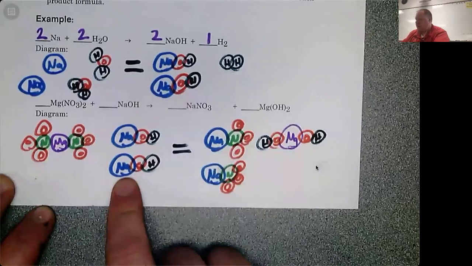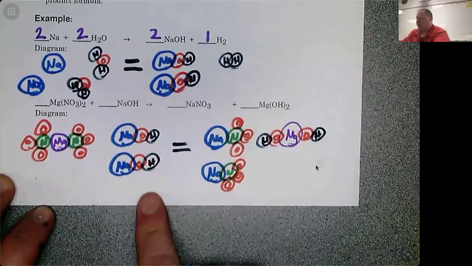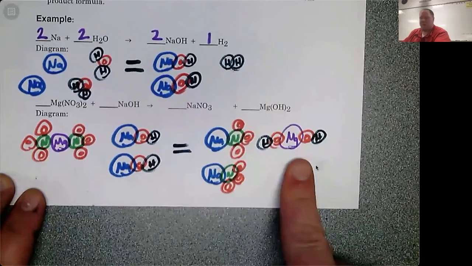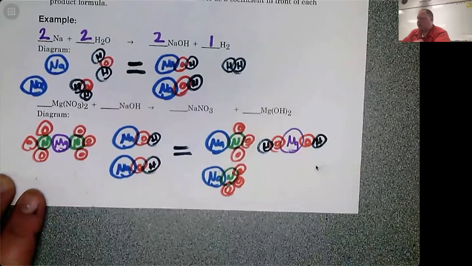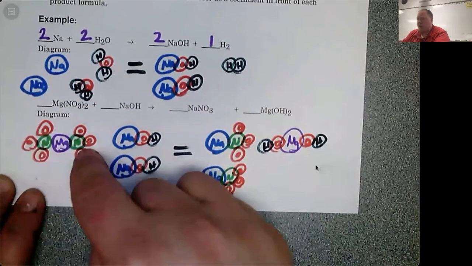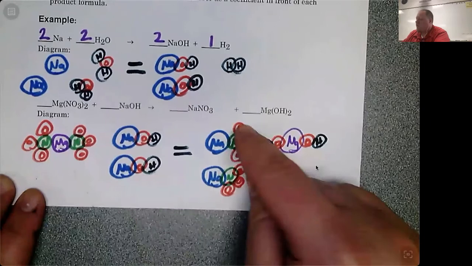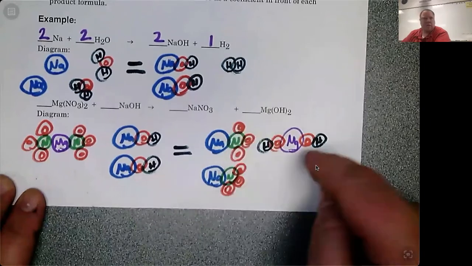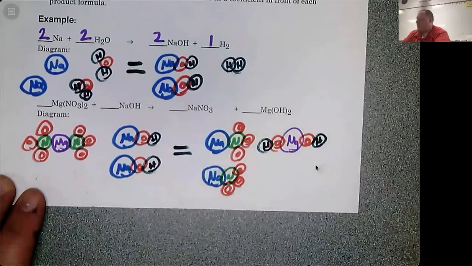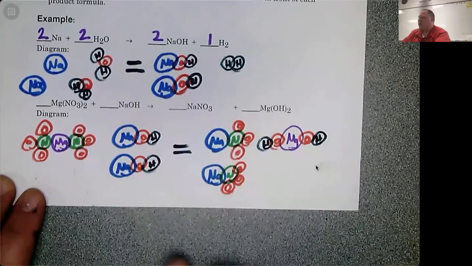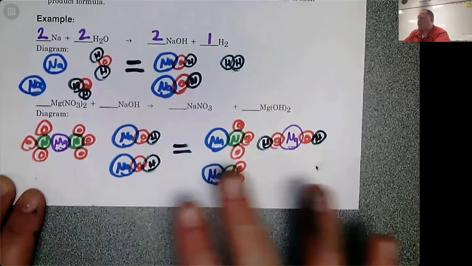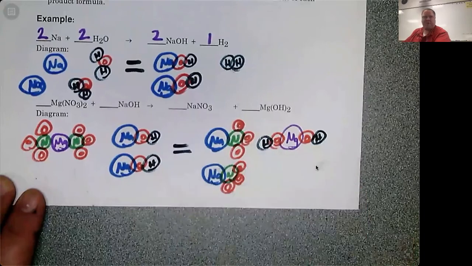Then you have to think about it. So my sodiums match. My magnesium still match. So that's 4 of the 5 elements. Oxygen's the last one. It's in everything. 1, 2, 3, 4, 5, 6, 7, 8. 1, 2, 3, 4, 5, 6, 7, 8. Oxygen just fixed itself. So they are equal. Same number of atoms, same amount of material, both before and after.